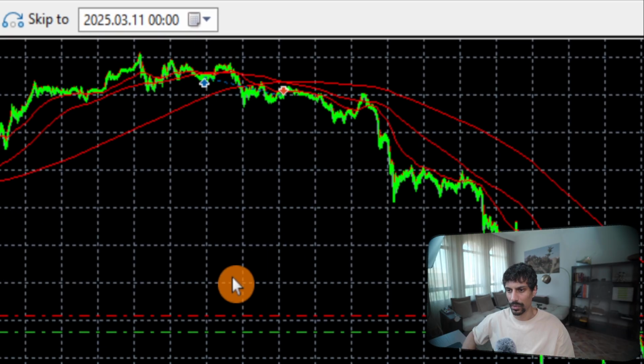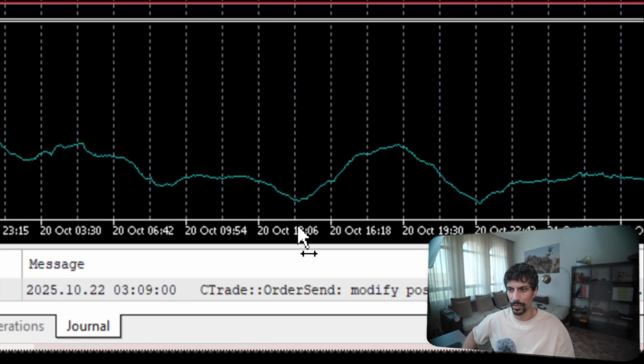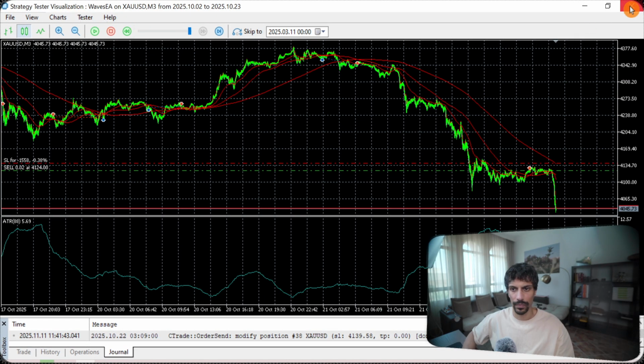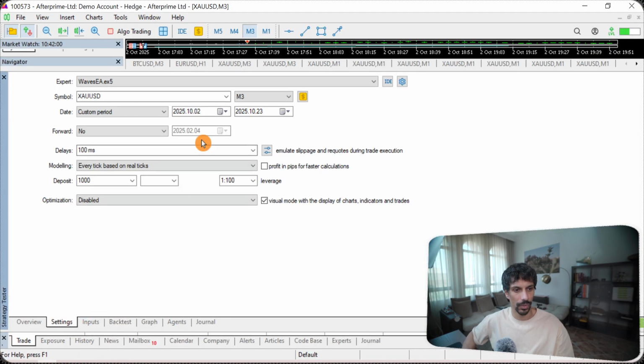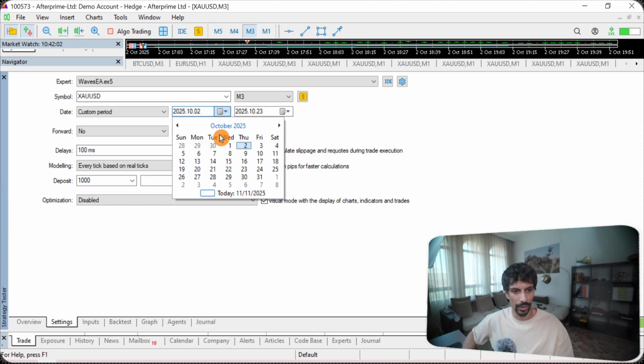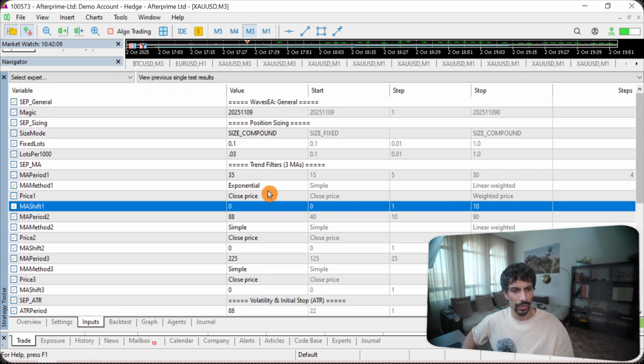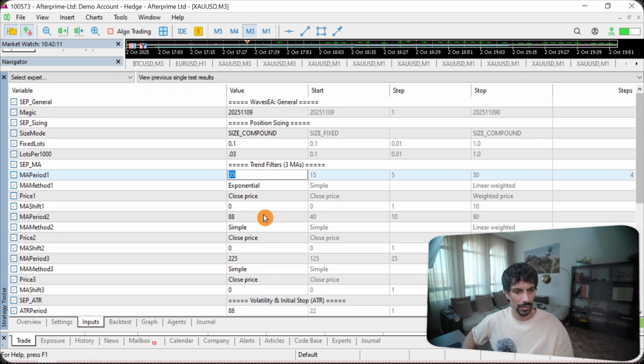All right, I'm going to change the time to just start at October 20th, just so we do better on time. Go to October 20. Keep visual enabled. Go to the inputs and we'll make this smaller. I think I was supposed to make it smaller, 55.